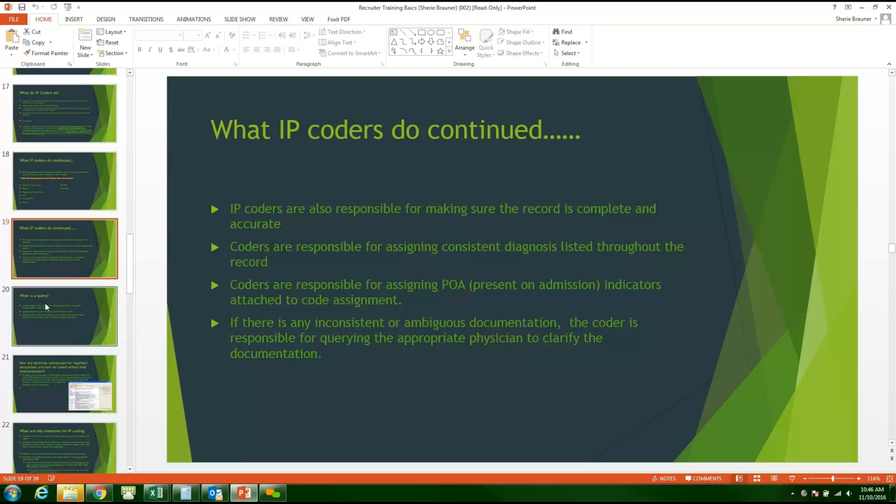If there is any inconsistent or ambiguous documentation, the coder is responsible for querying the appropriate physician to clarify the documentation. Say, for example, a diagnosis is listed throughout the chart just once, and you don't see any treatment. At that point, the coder might think, does this warrant a query for clarification to make sure they can actually list that diagnosis code when they submit it for reimbursement?